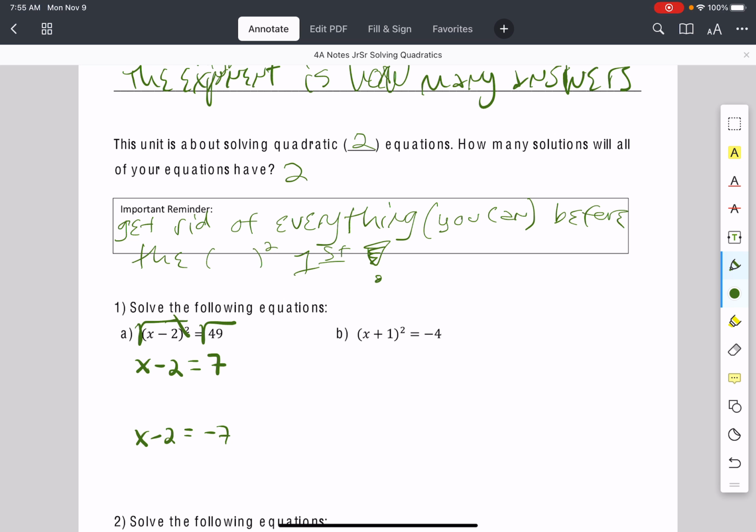The plus or minus doesn't happen at the end. It's there because of the square root. So I have two equations I have to solve. What's the next step on both of my equations? Add 2. Yeah, good. So x equals 9 and negative 5.